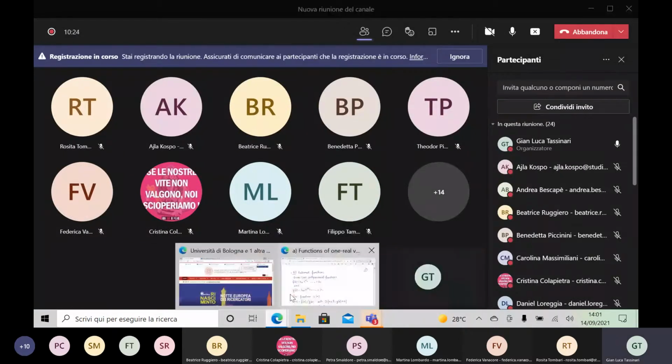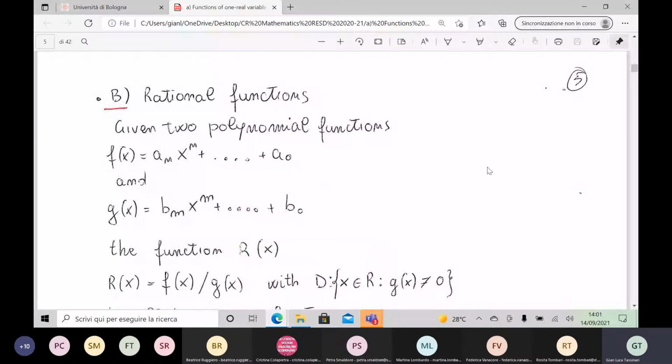In particular, I told you that as a special case of polynomial function, we have, for example, the linear function, which is the function representing the straight line. Then we saw another special case represented by the parabola, also called quadratic function. The straight line of order 1 is a linear function. The parabola, which is a polynomial function of order 2, is called quadratic function.